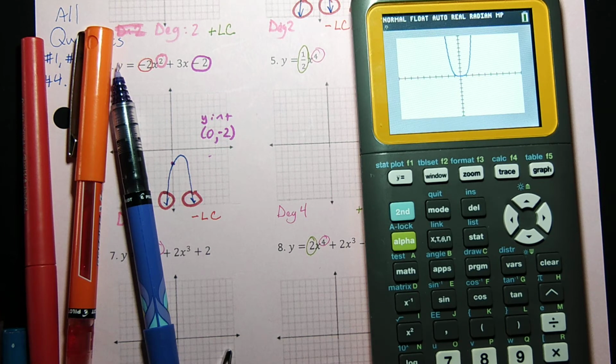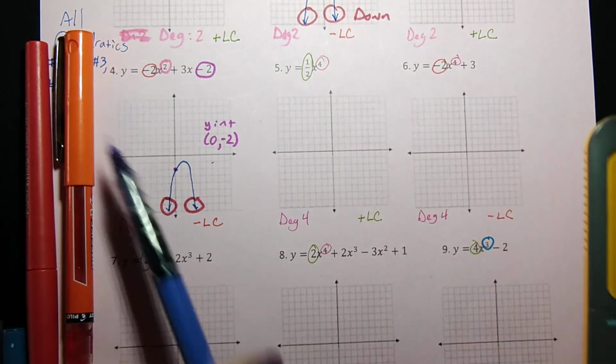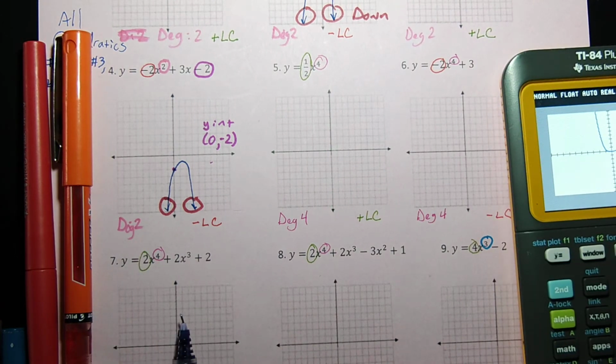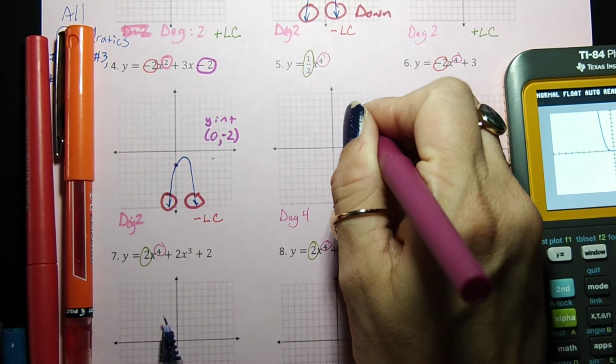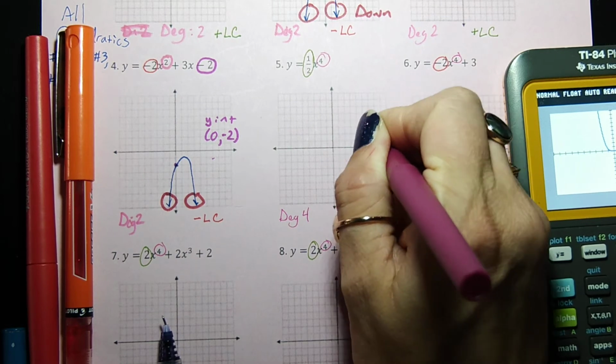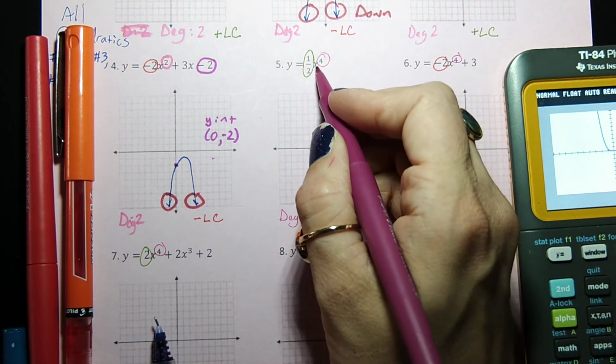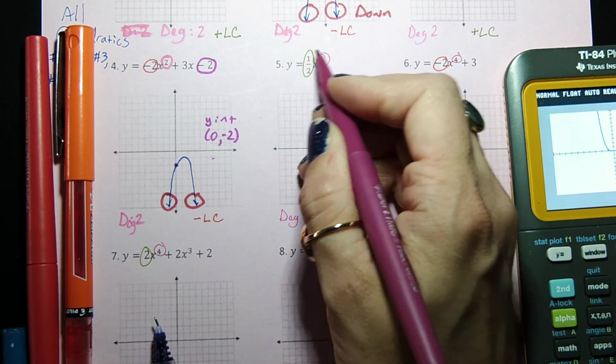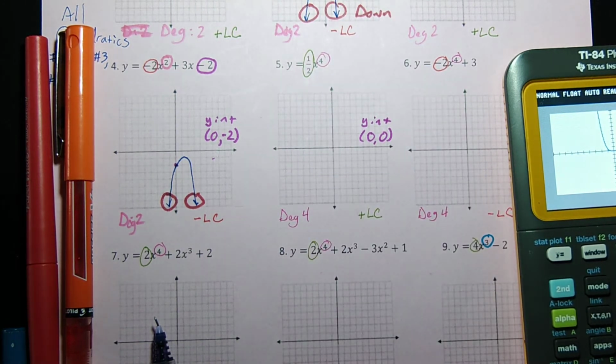Does it quite look like a quadratic? It's kind of wider on the bottom. It's a little bit different, so I'm going to try to do my best here. Also take note, what was the y-intercept on this one? 0, 0. If I plug in 0 for x, 0 to the 4th is 0 times 1/2, it's 0. So 0, 0 is my y-intercept.